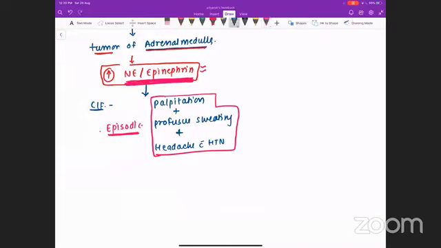So whenever you are sitting in an OPD and a young male comes to you with these symptoms, always suspect pheochromocytoma.